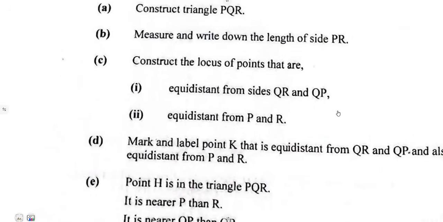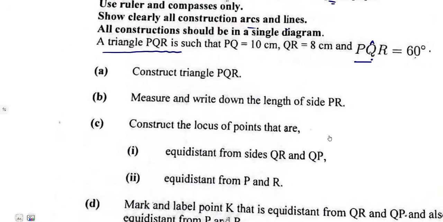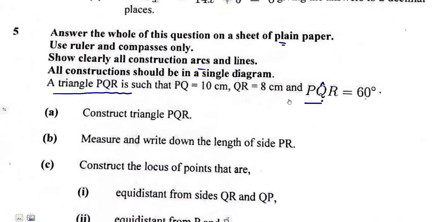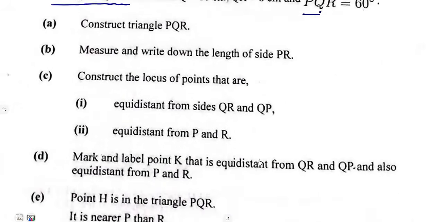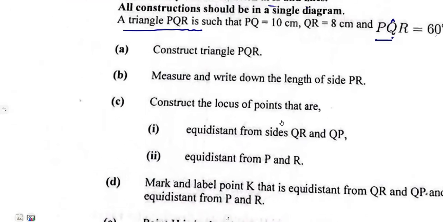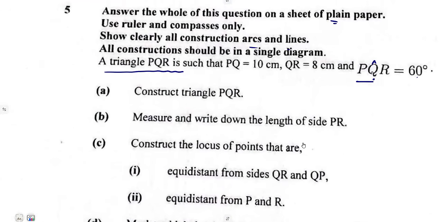It's a triangle PQR, the angle is 60 degrees, at Q. So we're going to take it as PQR like this, where PQ is given as 10 centimeters, and QR is given as 8 centimeters.